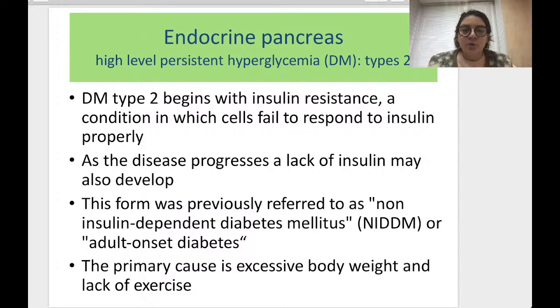As the disease progresses, a lack of insulin may also develop, secondary to insulin resistance, as insulin deficiency. This form was previously referred to as non-insulin dependent diabetes mellitus or adult onset diabetes mellitus because most people have manifestation in older age. The primary cause is excessive body weight and lack of exercise.